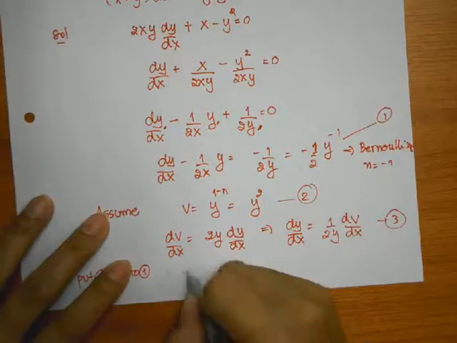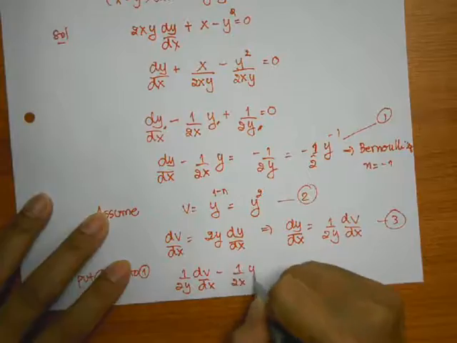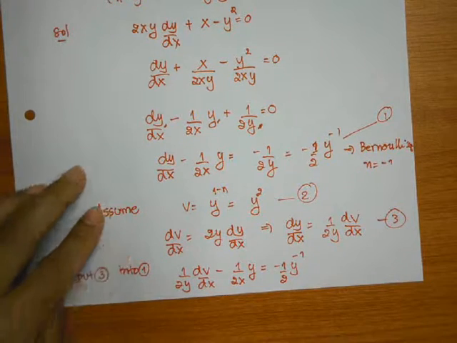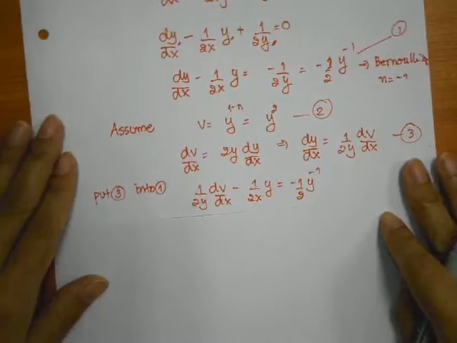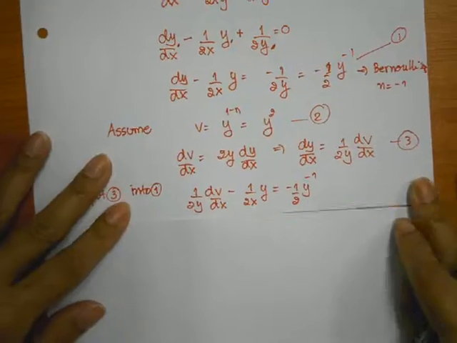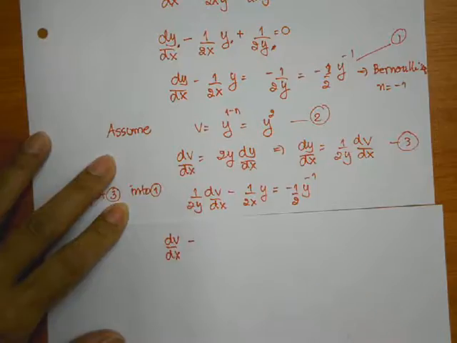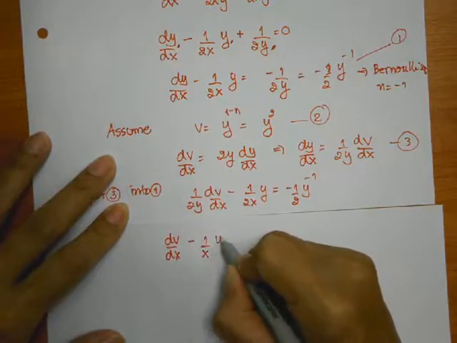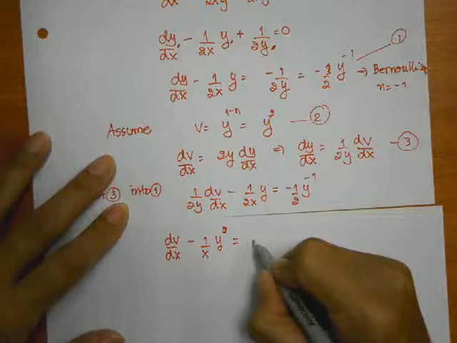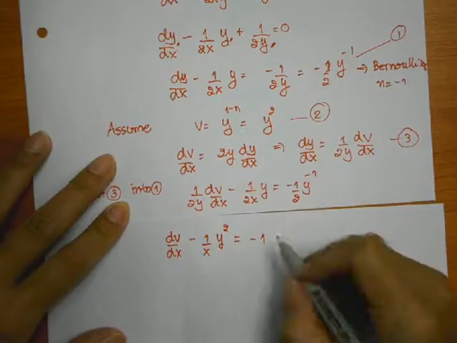Then you would get 1 over 2y dv by dx minus 1 over 2xy equal to minus 1 over 2y to the power -1. And then again, make the coefficient of dv by dx equal to 1. You would get dv by dx minus 1 over xy squared equal to minus 1, as equation 4.